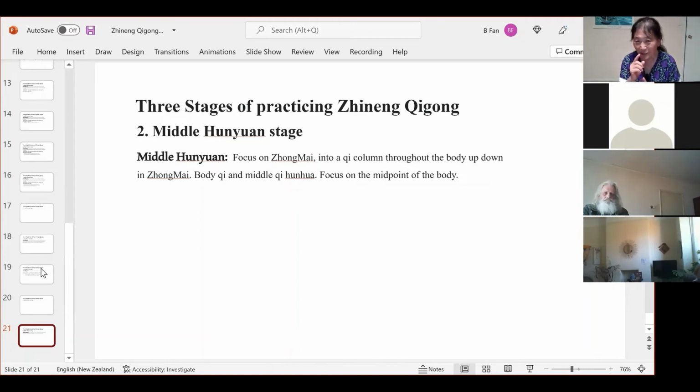Panshi said the midpoint is not a physical point. Only when you go for it, you can feel, oh, there, that's the middle. But if you think, where's the middle? I look at where's the middle? You can't find it. It's not physical. Only when you go for it, oh, that's the middle. But as we practice more, the middle comes.